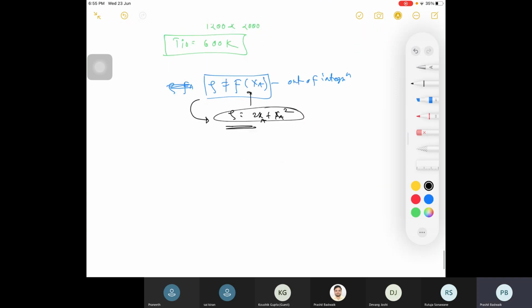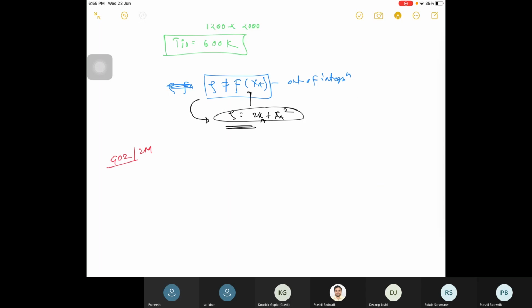Now next question, GATE 2002, 2 marks. Ti naught is given 373 Kelvin. Delta HR reaction is given, that is your minus 1 kilojoule per mole at 373 Kelvin.